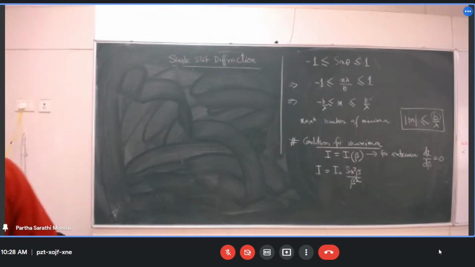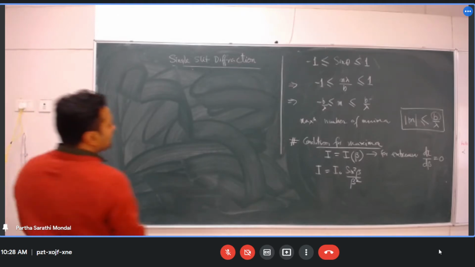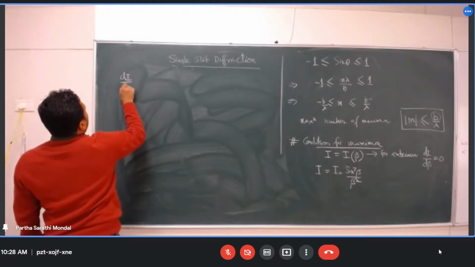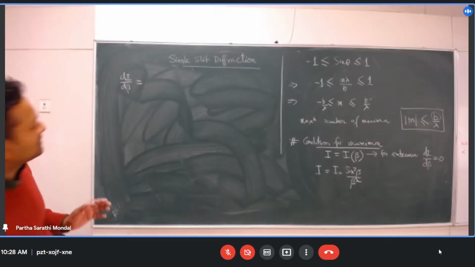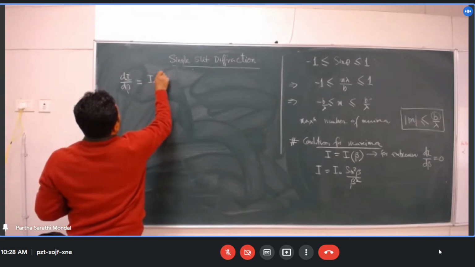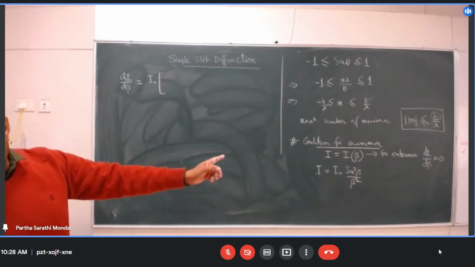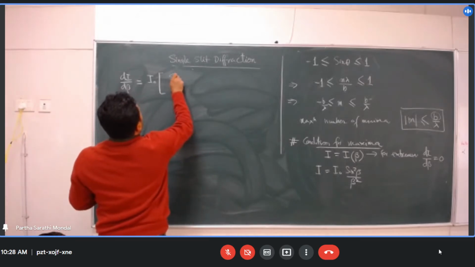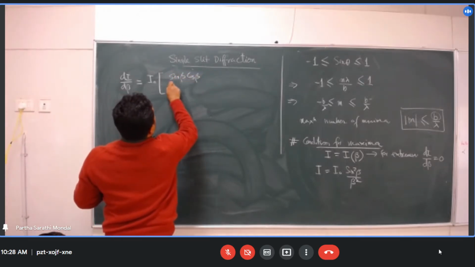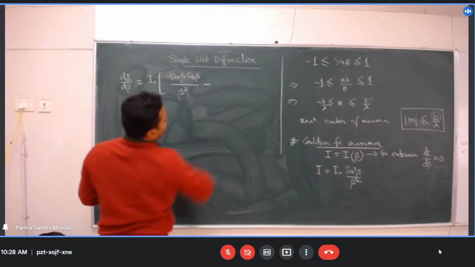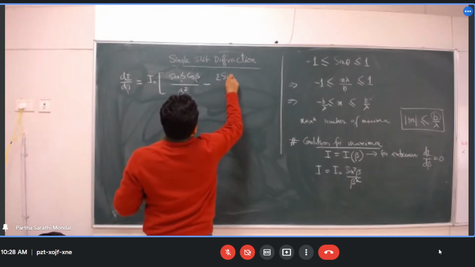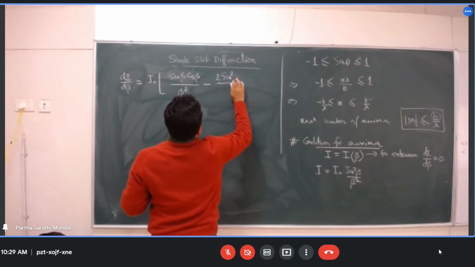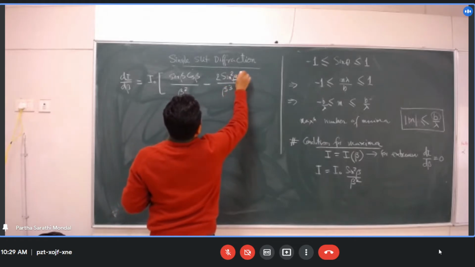Now, this is very easy, isn't it? Yes, sir. No, it isn't, you just have to keep digging, like digging soil with a spade, and you will find the solution. So I0, if I take the derivative of sine square beta first, it gives sine beta cos beta divided by beta square, minus, now we take the derivative of beta square, so 2 sine square beta divided by beta cube, equal to 0.